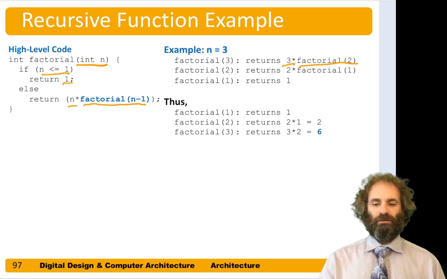To find factorial of 2, we see it should return 2 times factorial of 1. And factorial of 1 will return 1. So now we come back up. Factorial of 1 was returning 1, so factorial of 2 is returning 2 times that 1 makes 2. And factorial of 3 is returning 3 times factorial of 2, which is 6.